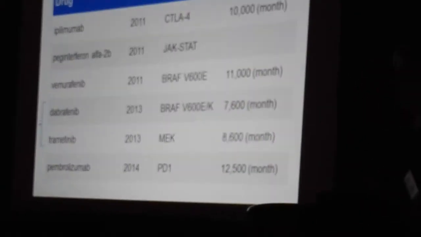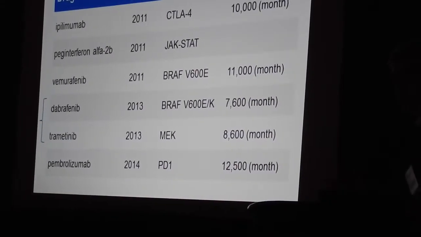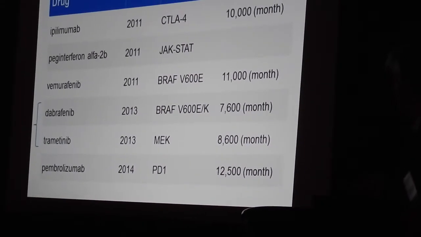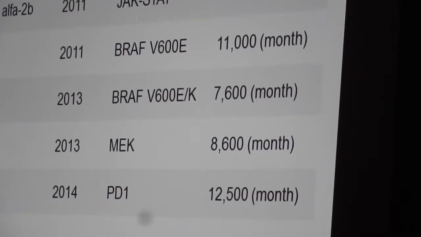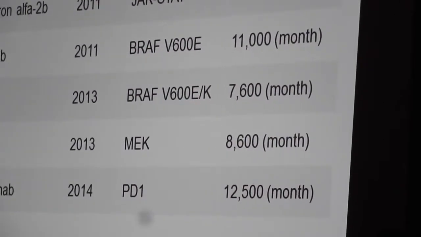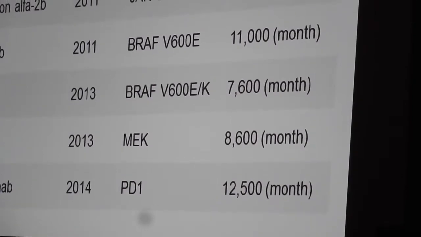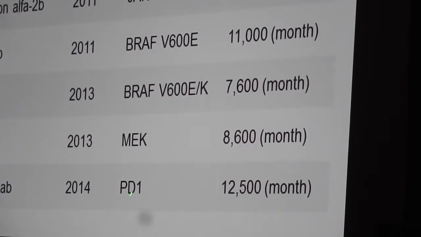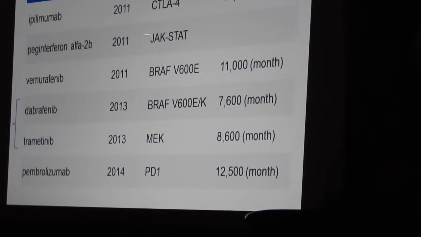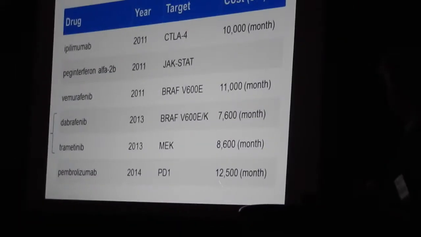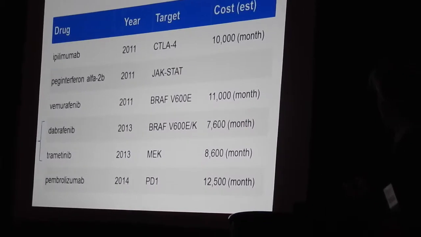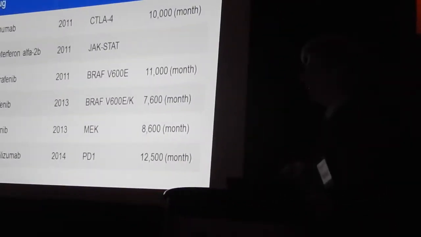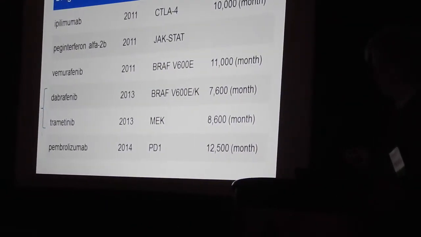And these all are trying to show some benefit for patients, and they can respond, but they all have targets. So demonstrating the presence of this target, with the exception of this last, this does have a target, but it doesn't have a biomarker that's used for this indication. But these targets are used to help select patients. And the cost of these drugs is massively expensive, ranging around $7,000 to $12,000 per month. So very expensive drugs.